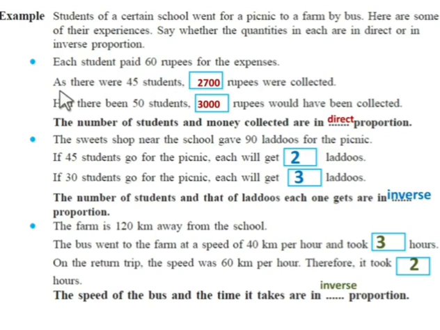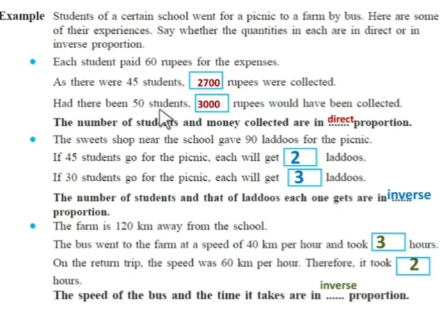Now here you have to find out, as there were 45 students, dash rupees were collected. As one student is paying 60 rupees, then the amount collected from 45 students will be more. That is, there will be direct proportion. Here we will multiply 60 by 45. You will get the total amount collected from 45 students.